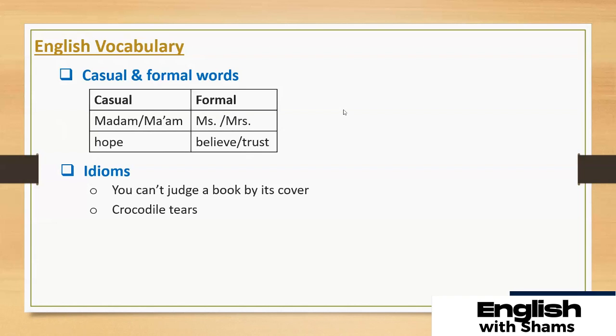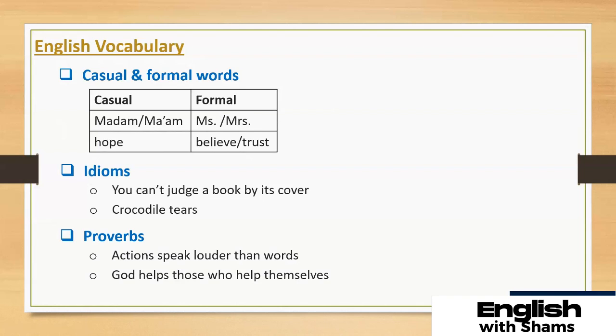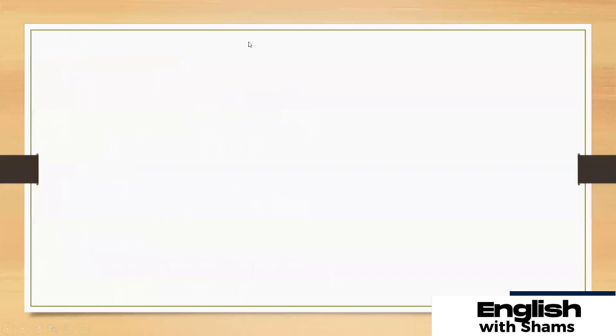Now, other things like proverbs. Proverbs like actions speak louder than words. God helps those who help themselves. Right? So idioms, proverbs, casual and formal words, all these we will be discussing in English vocabulary.